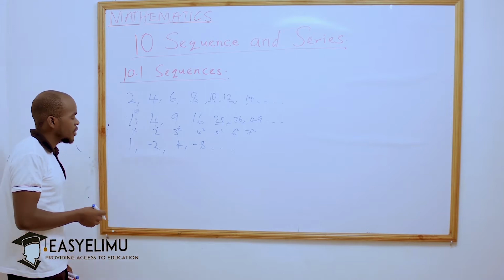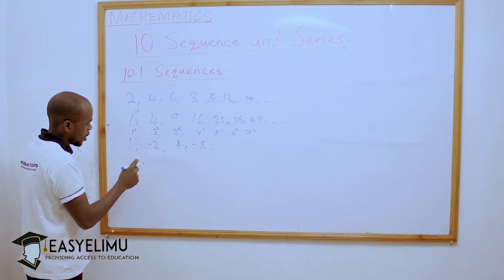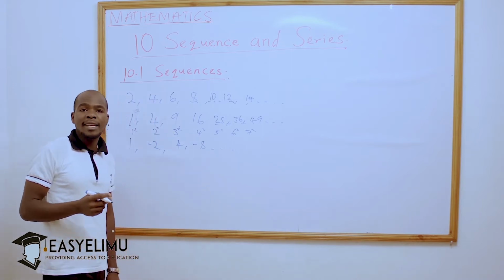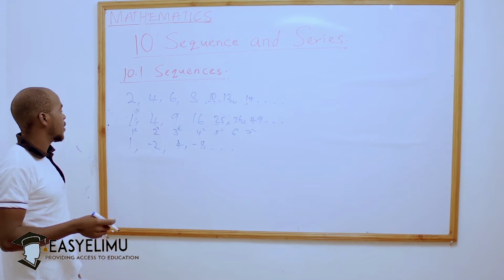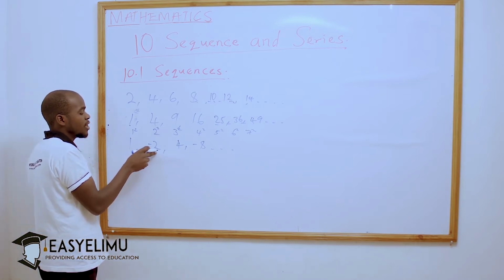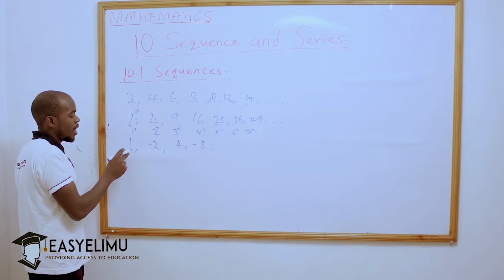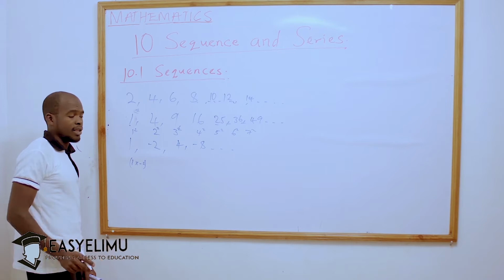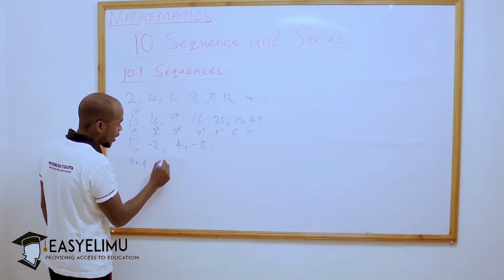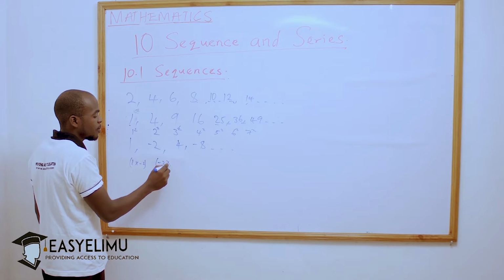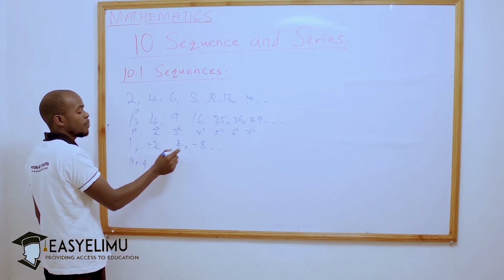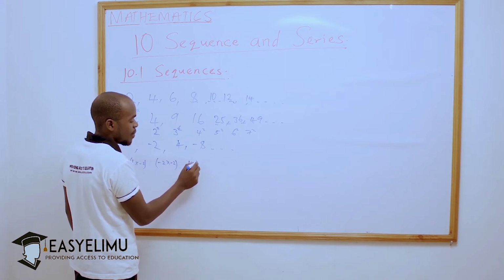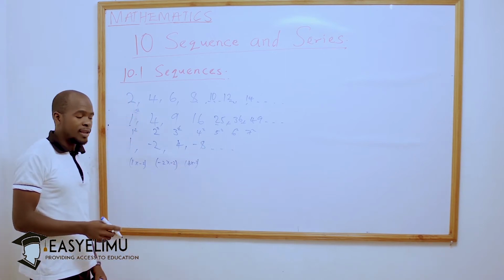Here we have 1, negative 2, 4, negative 8. To find the next number, it is still easy. From 1 to negative 2, the number has been multiplied by negative 2. The negative 2 multiplied by negative 2 gives positive 4, and 4 multiplied by negative 2 gives negative 8.